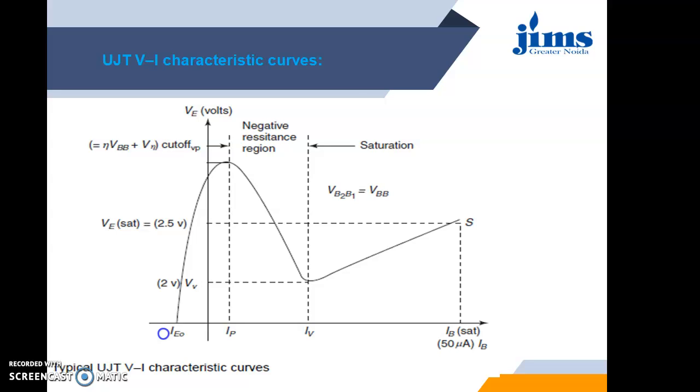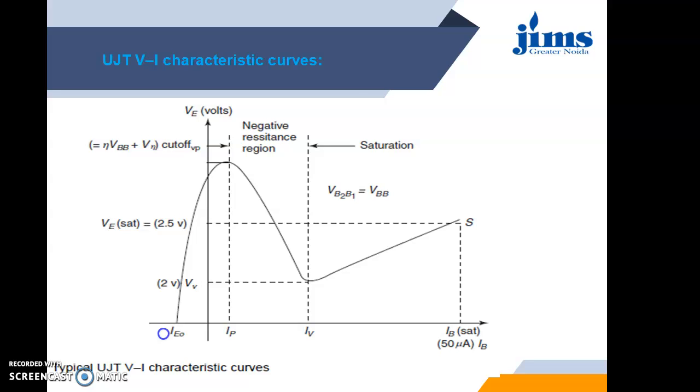The value of the voltage at which the device gives a sufficient magnitude of current is called IP, the peak current. So IP is the peak current, representing the current corresponding to the peak voltage VP.